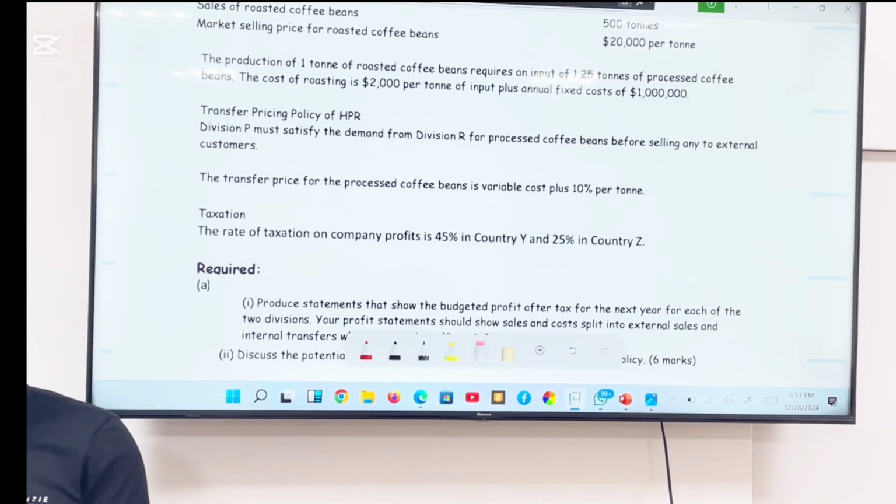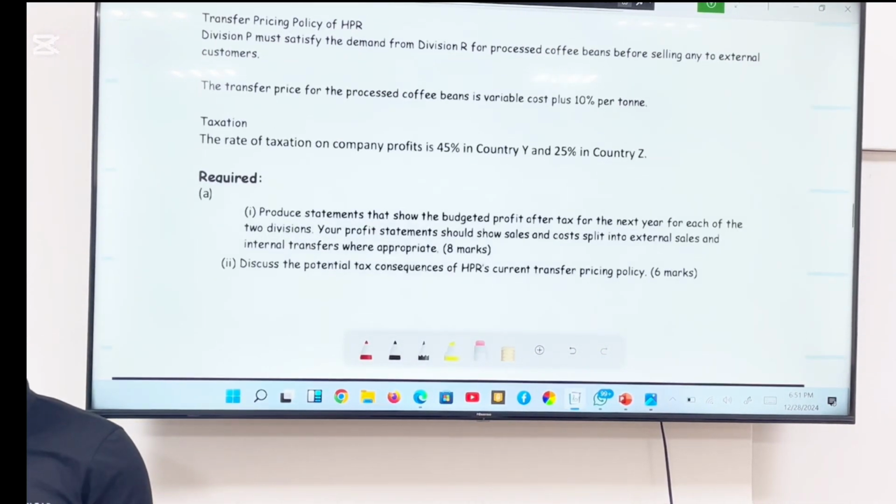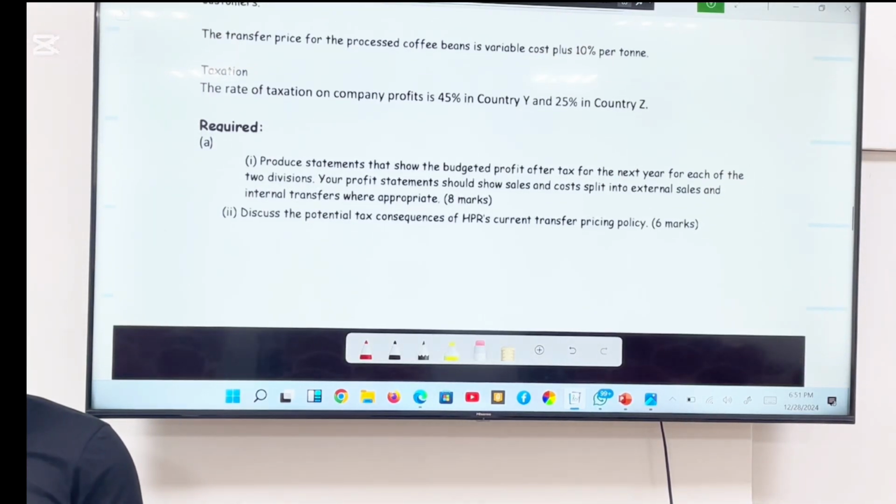The taxation rate on company profit is 45% in country Y, that's a bit high, and 25% in country Z. You are required to produce a statement showing the budgeted profits after tax for the next year for each of the two divisions. Your profit statement should show sales and cost split into external sales and internal transfers where appropriate.